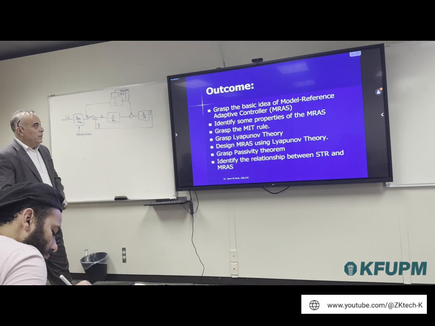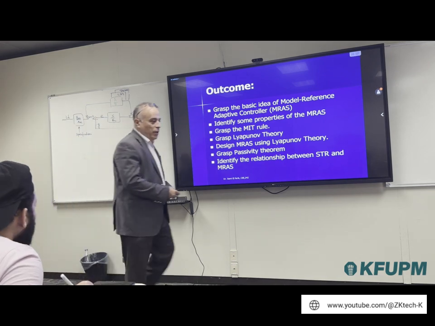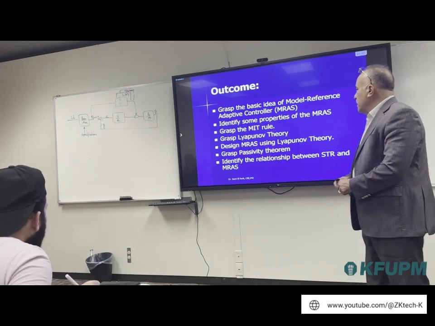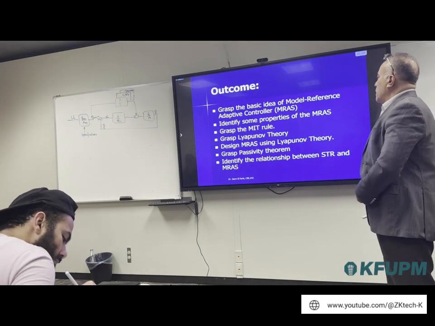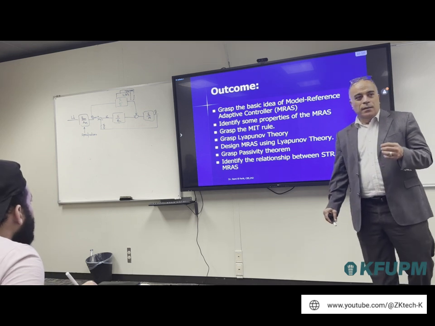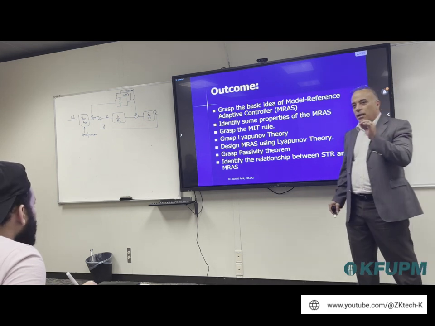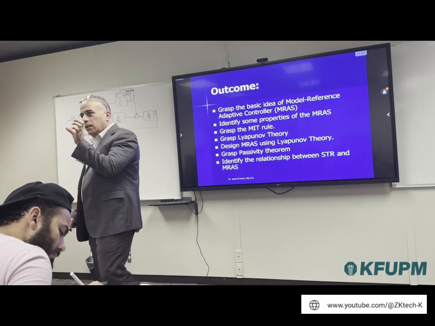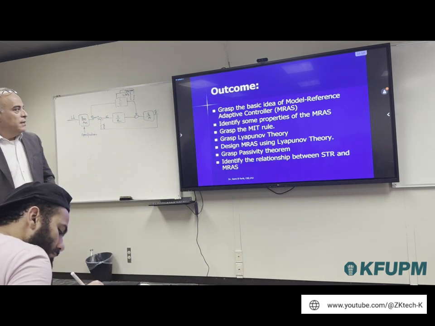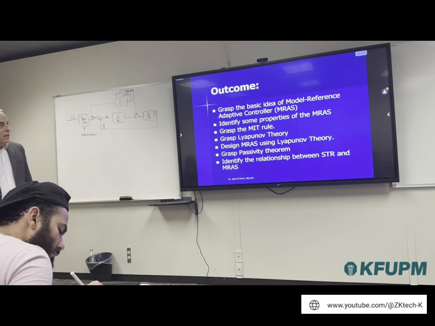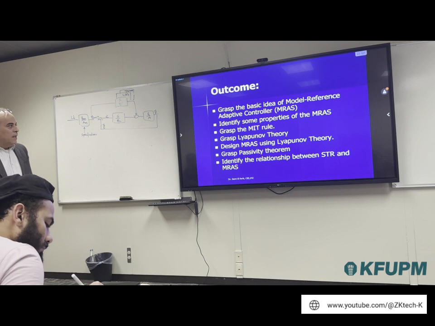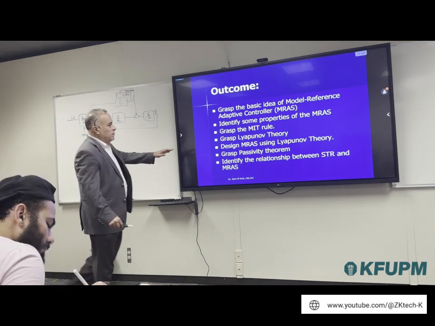Right? So what I'm expecting you to learn from this lecture, first of all, I would like you to grasp the basic idea of model reference adaptive controllers, in particular the fact that now we are talking about a performance index, something that we are going to take to see how well we are doing. And then I would like to identify properties of this model reference adaptive control. We would like to grasp the MIT rule.